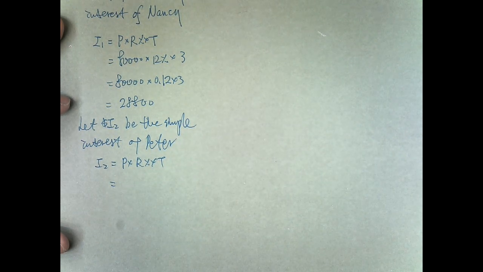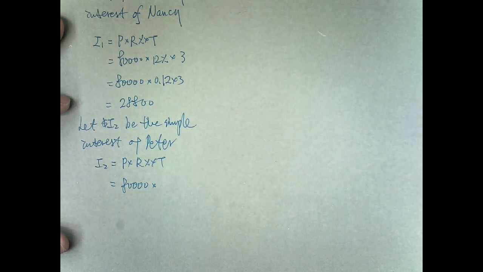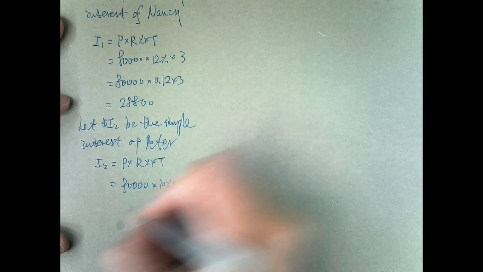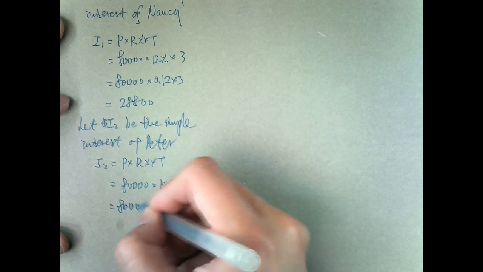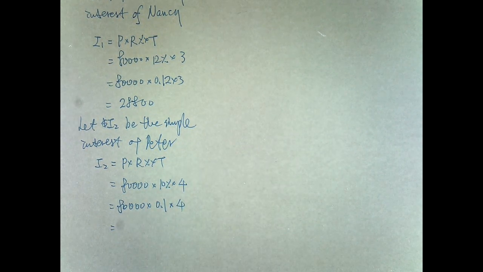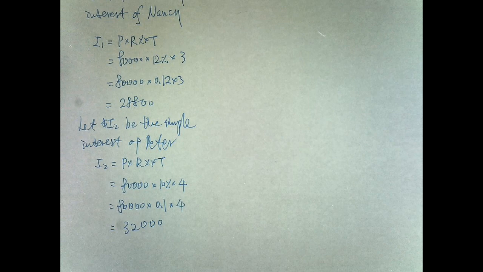So for Peter, the same principle, okay? But the interest rate is 10%, the year is 4. So here, this is 0.1, this is 4, okay? So this will be 32,000, okay?